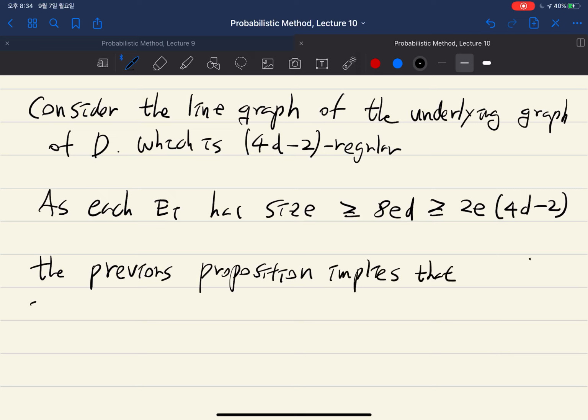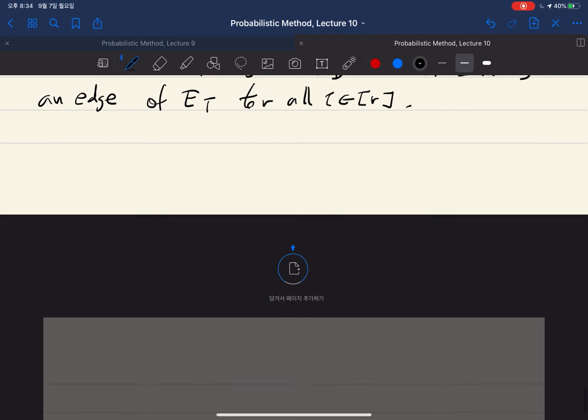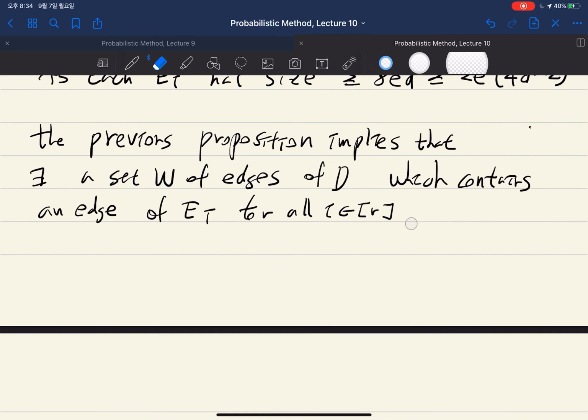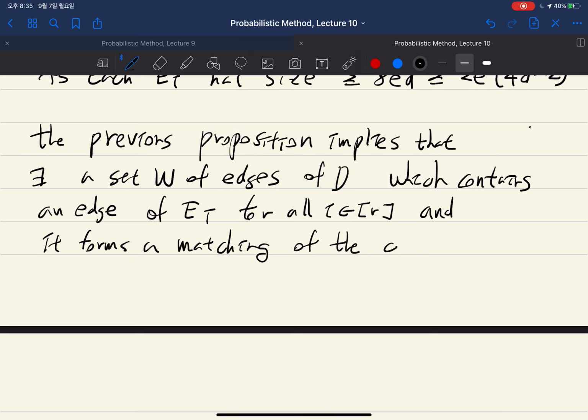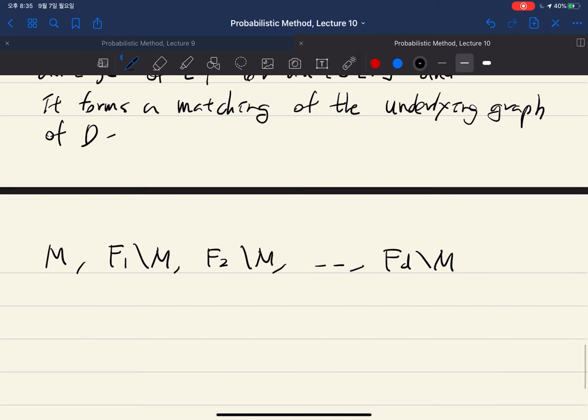implies that there exists a set M of edges of D which contains an edge of Ei for all i between 1 and R. And moreover, this is an independent set in the line graph, which means it forms a matching of the underlying graph of G. So you consider M and you delete M from F1, you delete M from F2, and you delete M from Ft.